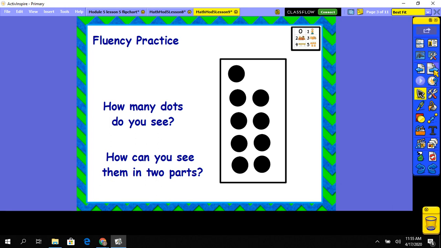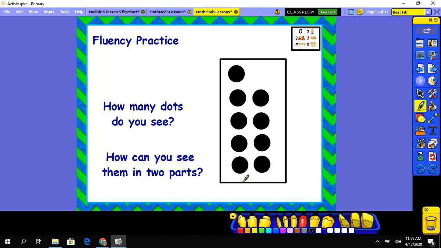We've done this one before. How many dots do you see? I see 1, 2, 3, 4, 5, 6, 7, 8, 9. There are 9 dots. How can you see those dots as two separate parts?